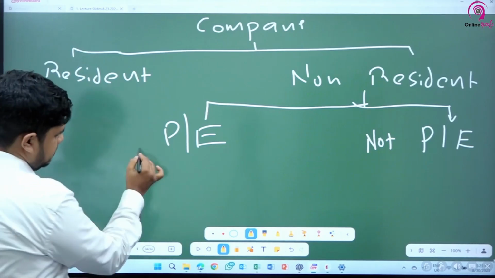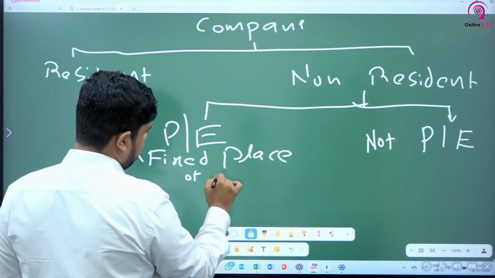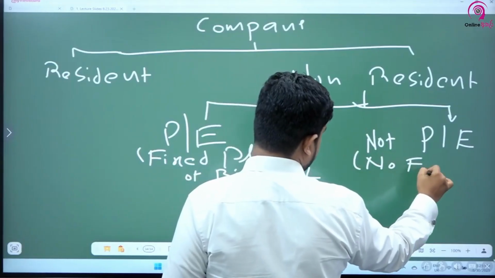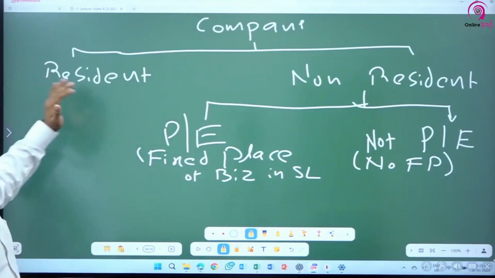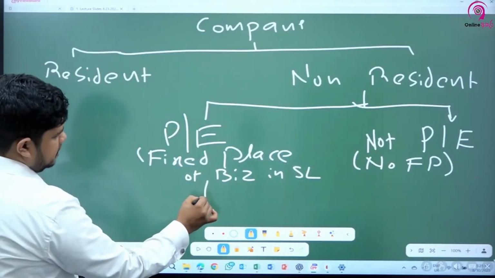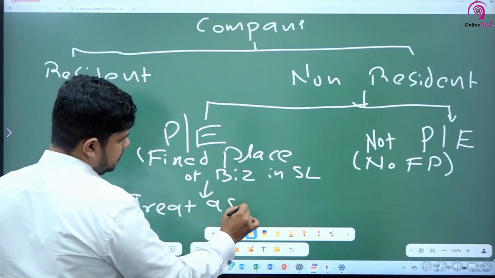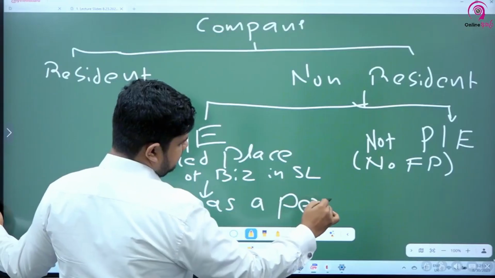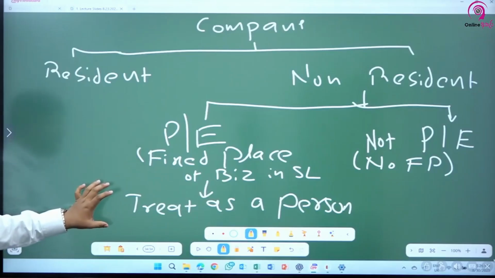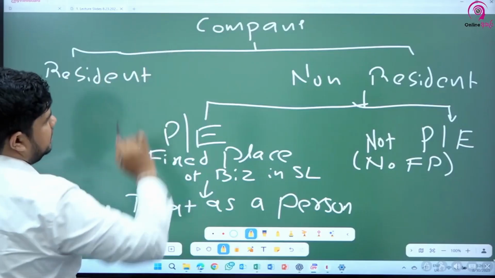Fixed place of business. Resident, non-resident, whether there is a fixed place of business or not, right? If there is a fixed place of business, treat as a person, deemed to be a person. The act provides, I'll show that. The act provides if it is a permanent establishment, it is deemed to be another person for taxation. Resident company means a person, right?